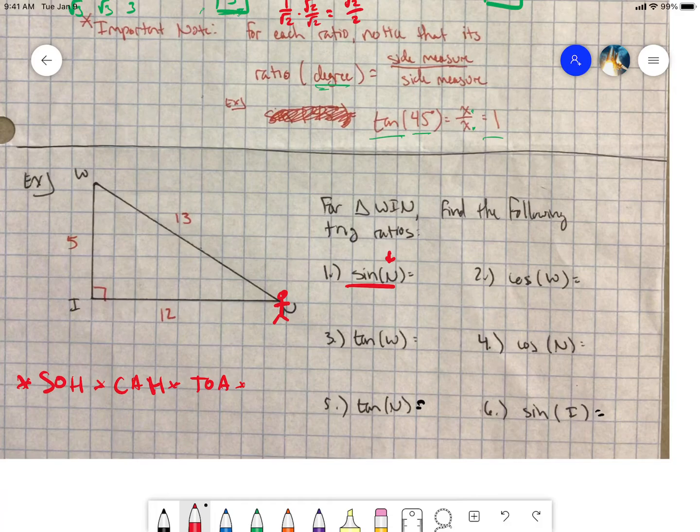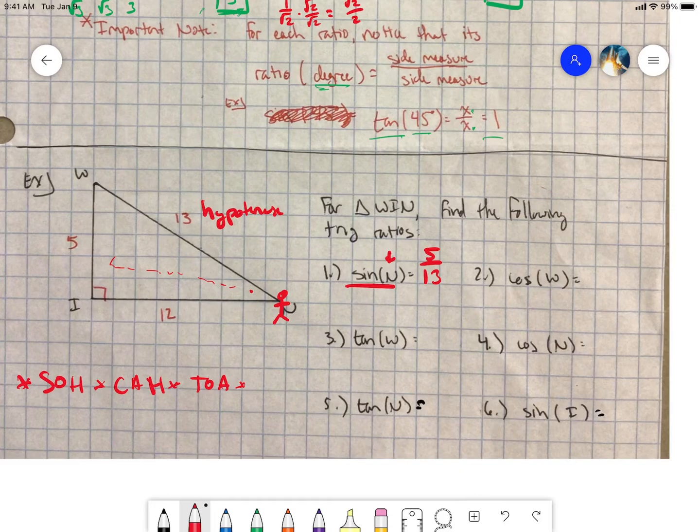Sine is opposite over hypotenuse. What's the side opposite? Yeah, 5/13. Because no matter what, my 13 is my hypotenuse here, and it always will be, no matter what my reference angle is.